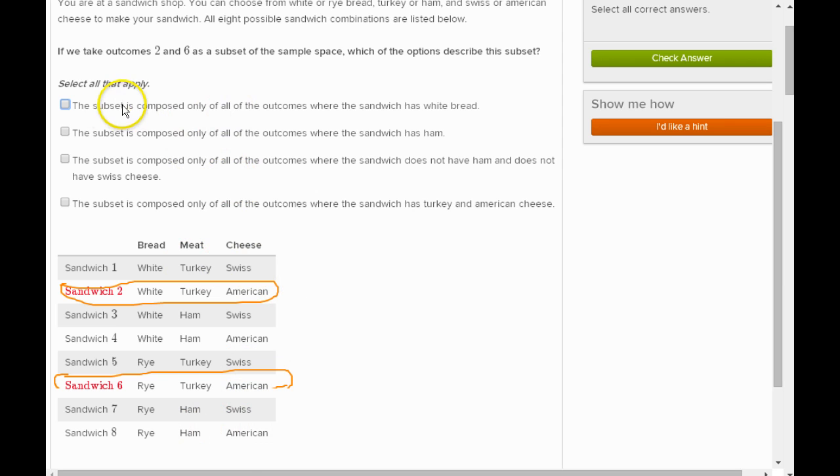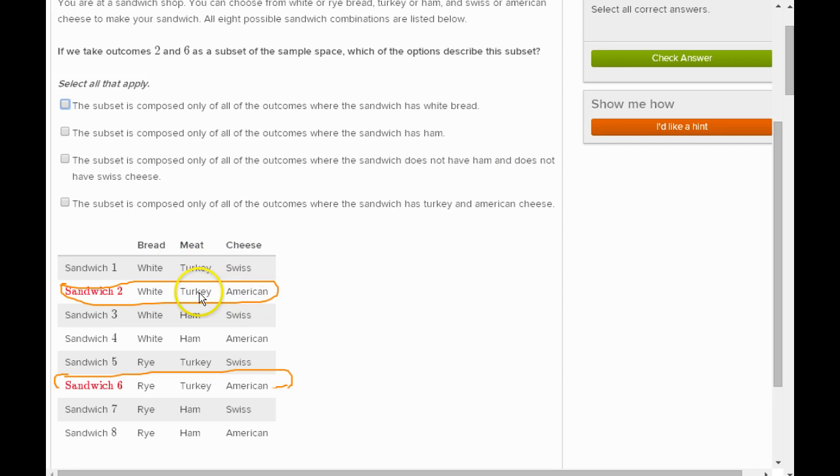So the subset is composed only of all the outcomes where the sandwich has white bread. That's not true. These are white, and it's not included. The subset is composed only of all the outcomes where the sandwich has ham. That's not true, because here we see some that are not part of the subset. Only of all the outcomes the sandwich does not have ham and does not have Swiss. Aha!